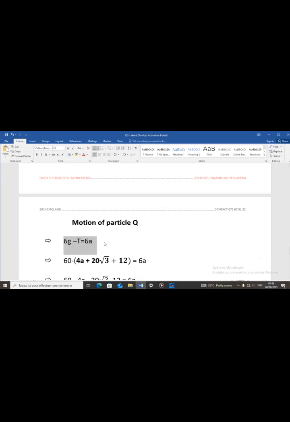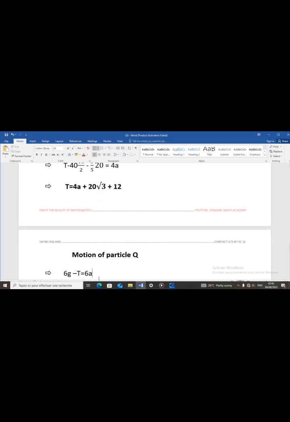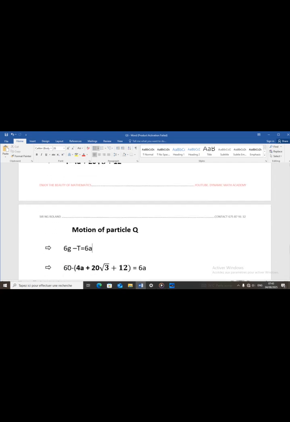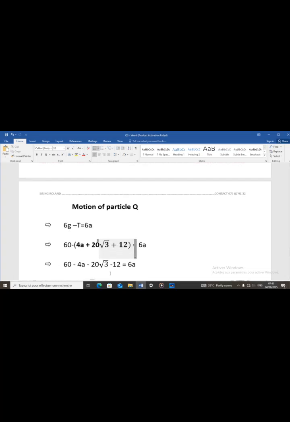Now we are going to replace the value of the tension. We have 60, and the tension was found to be 4a plus 20 over 3 plus 12. So we have 60 minus the bracket 4a plus 20 over 3 plus 12 is equal to 6a. When we open the bracket, we're going to have 60 minus 4a minus 20 over 3 minus 12 is equal to 6a.